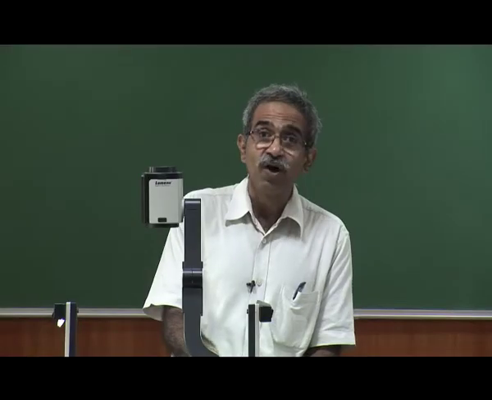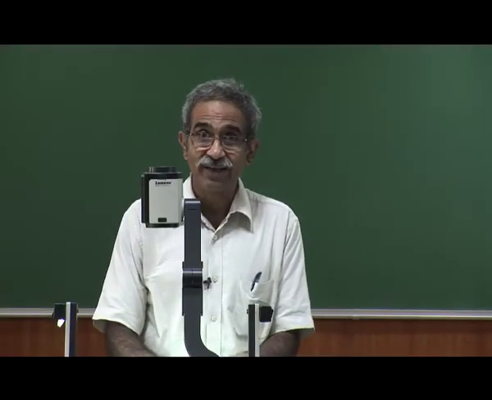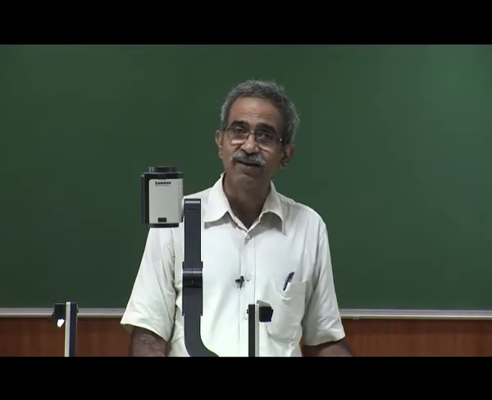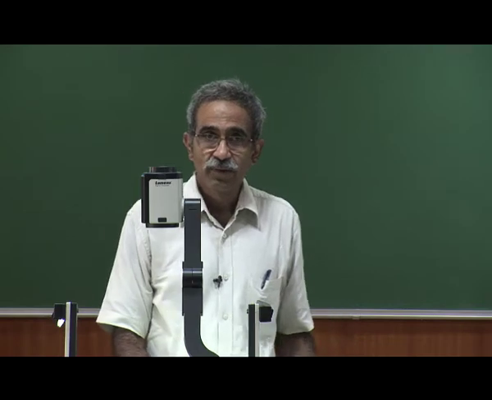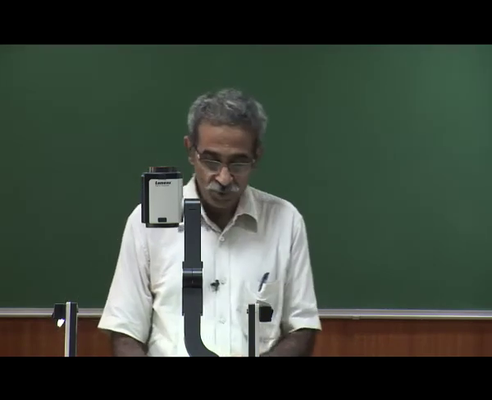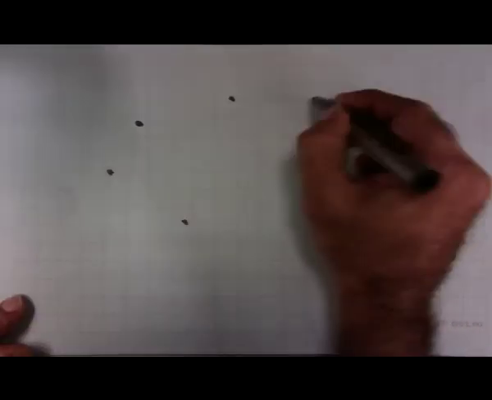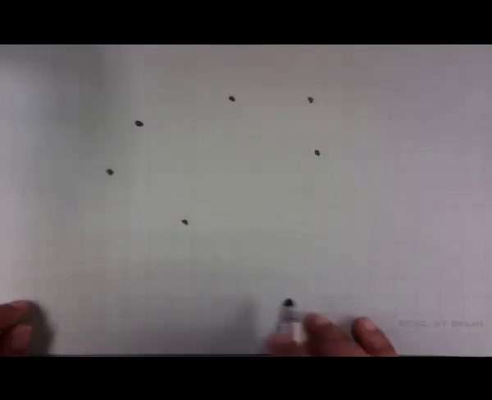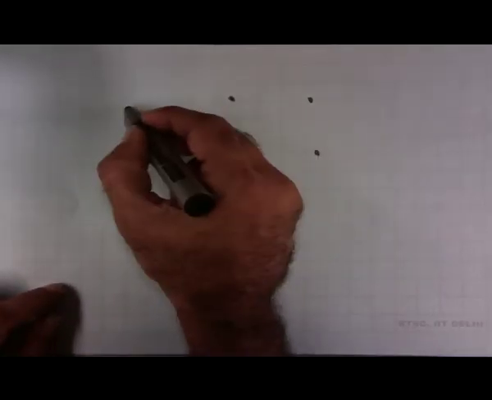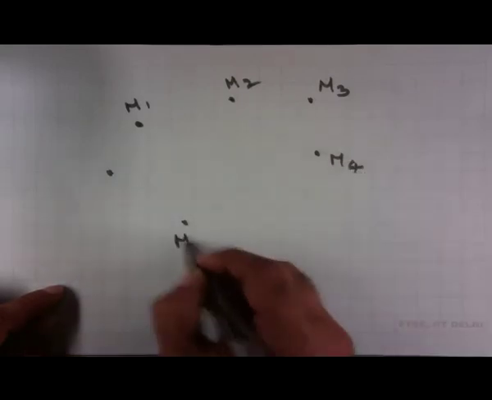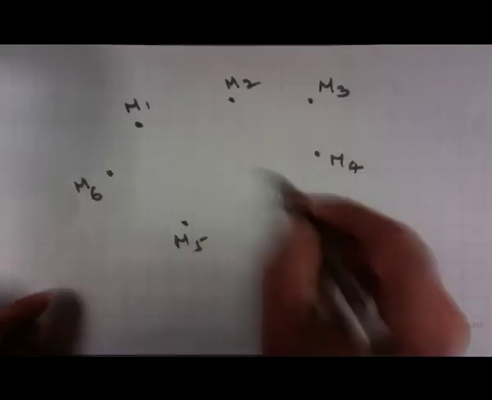So you have to keep track of all that, and you should not make any mistake. How would it look if I were to write the same thing in the language of potential energy and kinetic energy? So let me repeat that again. So I have, let us say, these bodies. I have shown 1, 2, 3, 4, 5, 6. So this is M1, this is M2, this is M3, this is M4, M5, M6.